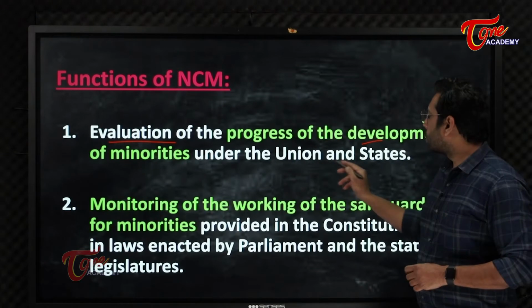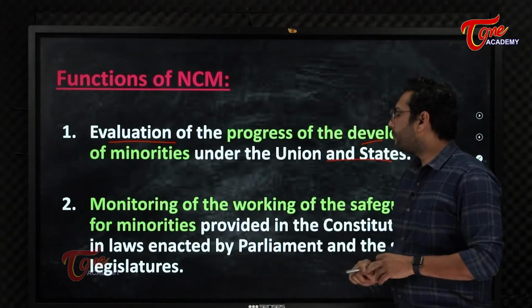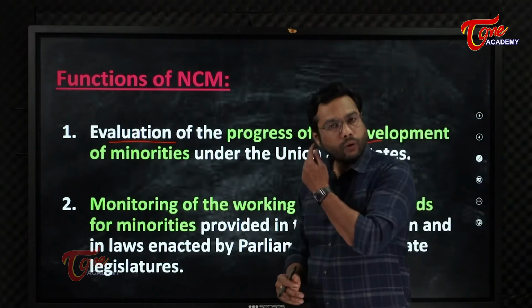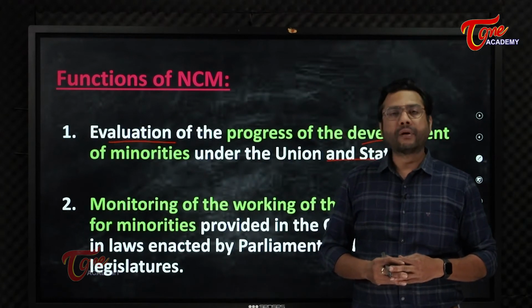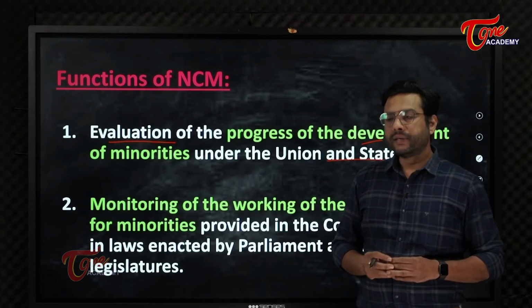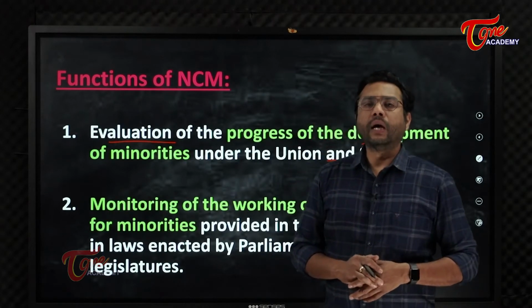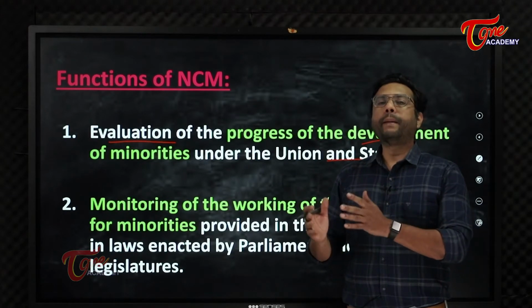Minorities at the union level and at the state level, and monitoring the working of the safeguards for minorities. See, in our Constitution we have many fundamental rights. Article 15 prohibits discrimination on the basis of religion. We have Article 16, which provides equality in employment.